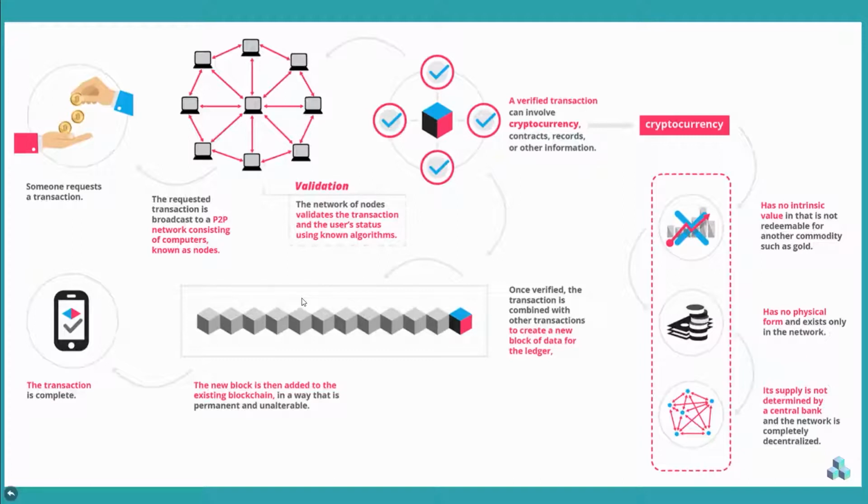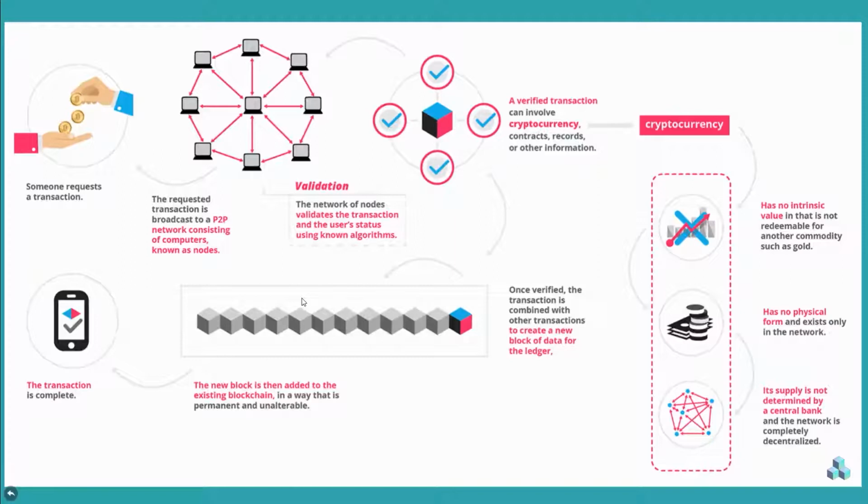Each node would have all the transactions that are there on the Bitcoin network, and it would validate that transaction. So it would check my balances. There would be a lot of algorithms running in the backend that would validate that this transaction is indeed a valid transaction. It's going to a valid address. It's coming from a valid address.